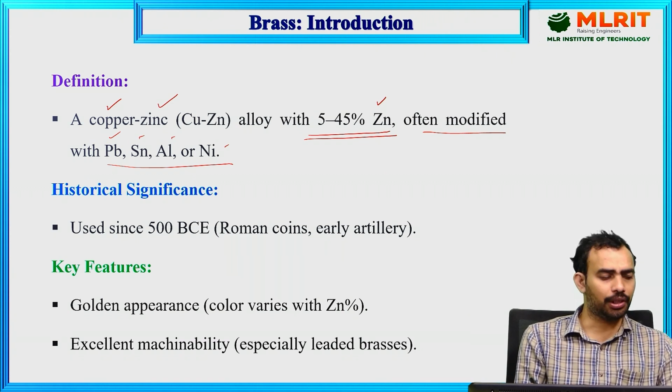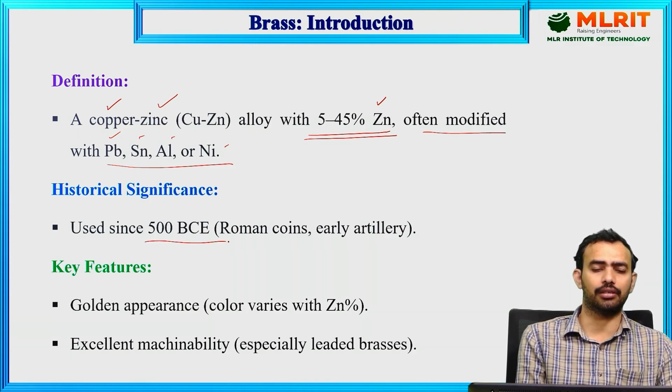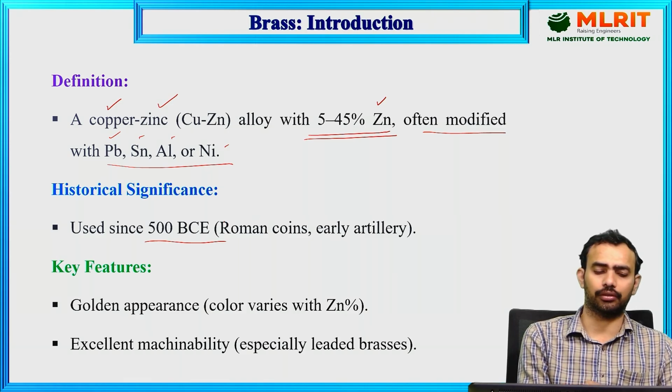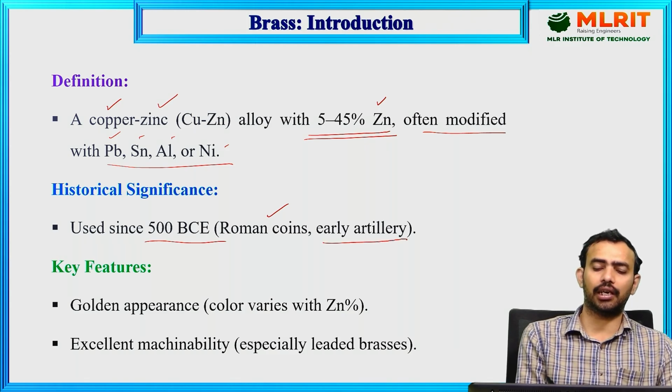It has been used from BCE, since 500 BCE, widely used. If you recall, Roman coins were manufactured out of brass, and early artillery equipment was also made out of brass.